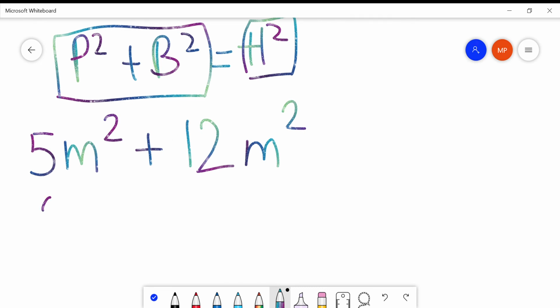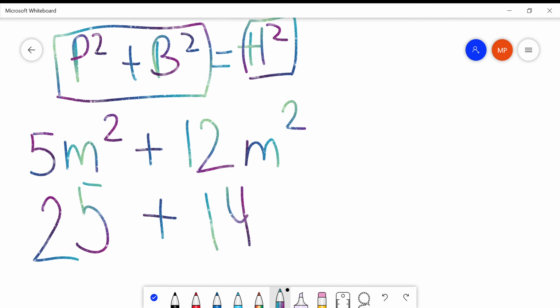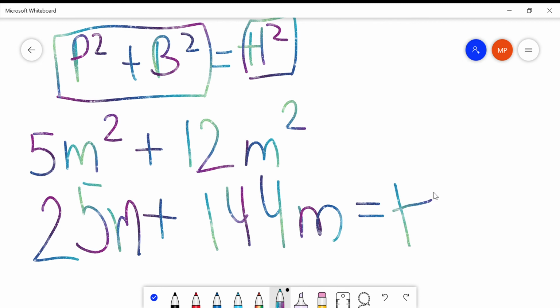So now we want to solve it. 5 into 5 is 25, plus 12 into 12 is 144. Now, if you add these two, you will get hypotenuse squared. This is not the original length of the hypotenuse.